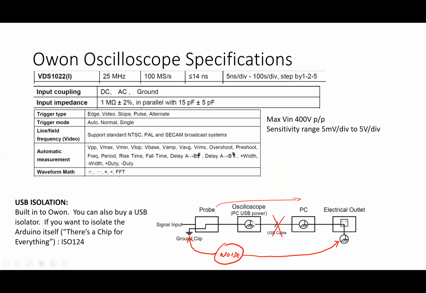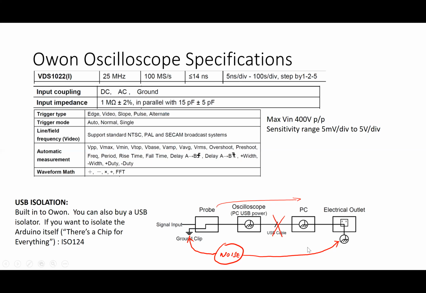This ground clip is connected to your oscilloscope, and then in the absence of the isolator would be connected to the ground on your PC, which in turn would be grounded to the line cord connecting it to the wall. And if it's a 2-wire line cord, then there'd be some other sort of stray coupling to ground. Now, the line ground on power outlets is horribly noisy because of all the other things that are connected to the electrical circuits in the house, light switches and so on. Electric motors are particularly bad.